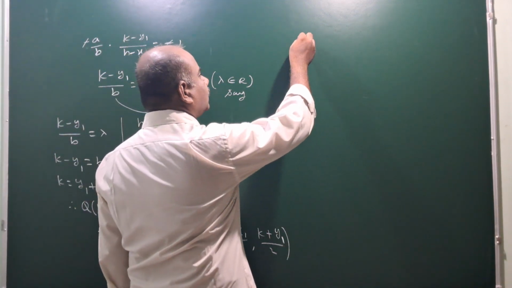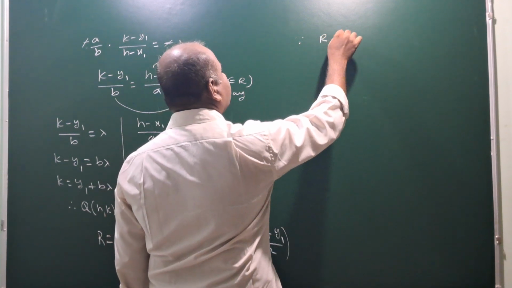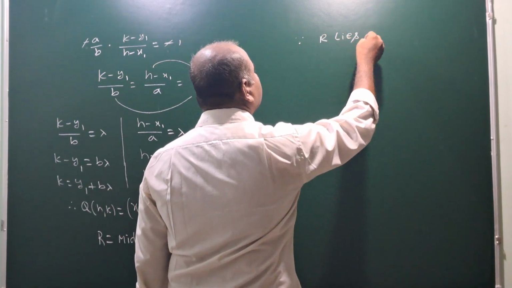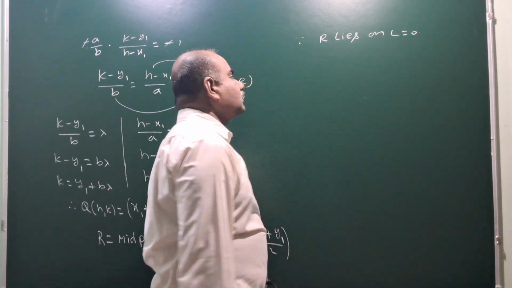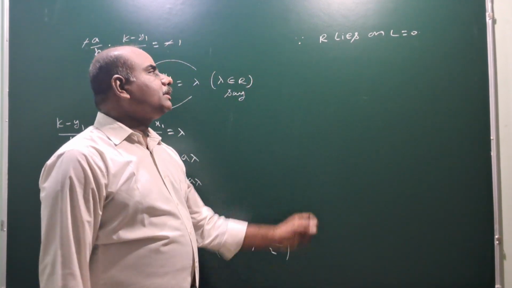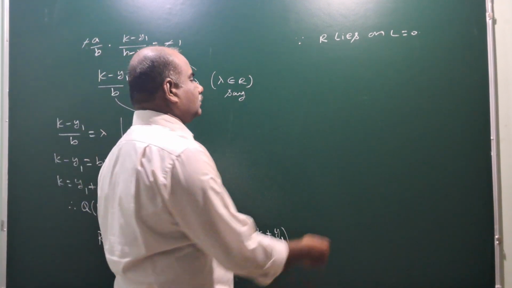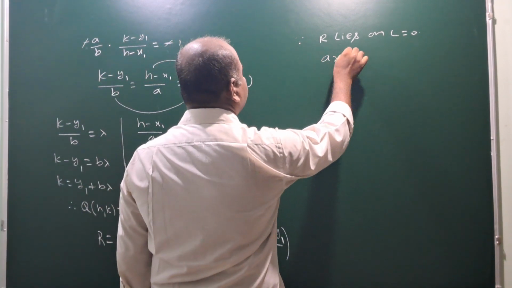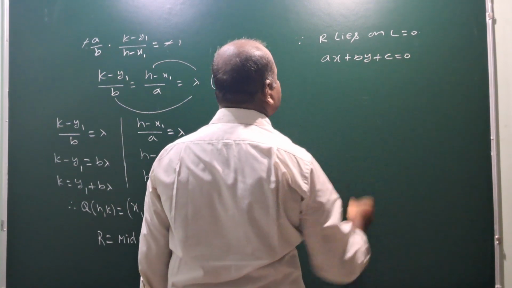So from the diagram, since the point R lies on L, AX plus BY plus C is equal to 0. Since R is the midpoint of PQ, it lies on the straight line AX plus BY plus C is equal to 0.